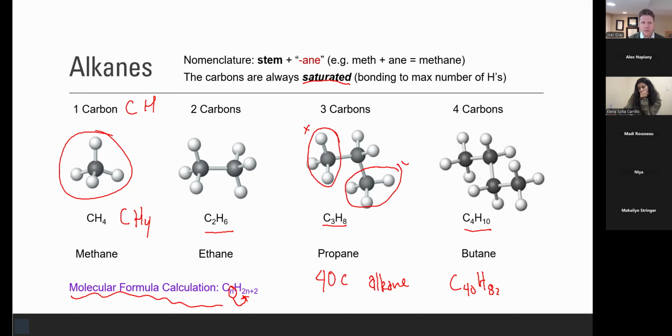There's this carbon and this carbon. They both have 3 hydrogens bound to them. This one right here has a carbon and 2 hydrogens. Your carbons that are inside the chain have 2 carbons added to them. So this one is an internal carbon. This one is an internal carbon.